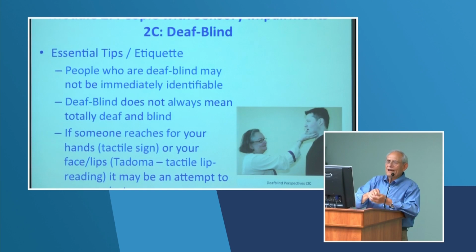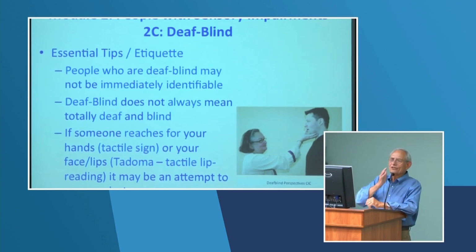If someone reaches for your hands, which is a tactile sign, and then they try to write letters in your hand, or you can try to write letters in their hand, that's something that deaf-blind people will do. Or, and this is the odd one, is a thing called Tadoma, where it's tactile lip reading.